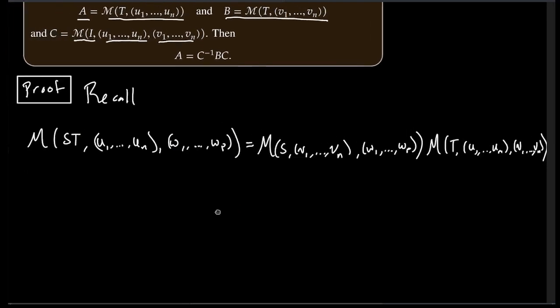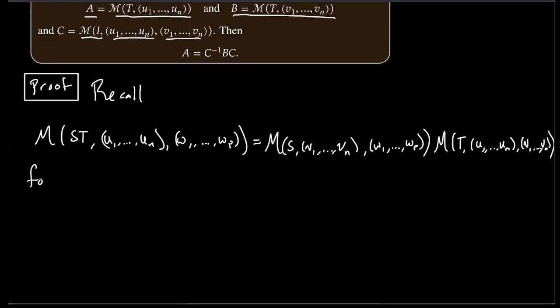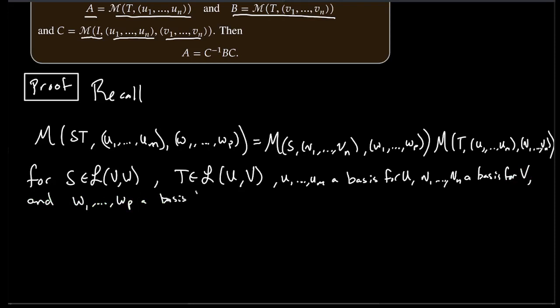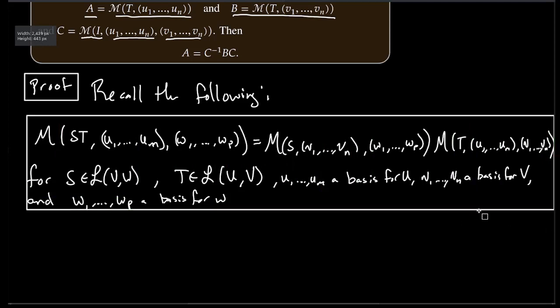Recall that this is true for S in L(V, W), T in L(U, V), with U1 through UM a basis for U, V1 through Vn a basis for V, and W1 through WP a basis for W. I'll even box this up to make clear that this is not the thing that we are directly doing.